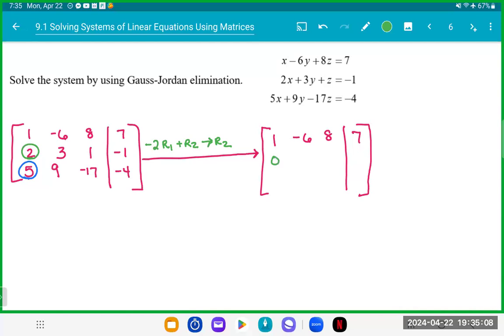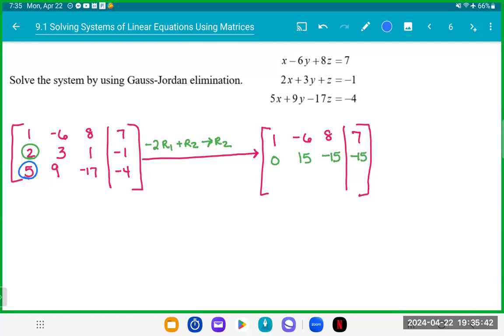And the second one, I get -2 times -6 gives me +12 plus 3 is 15. -2 times 8 is -16 plus 1 is -15. -2 times 7 plus -1 gives me -15.